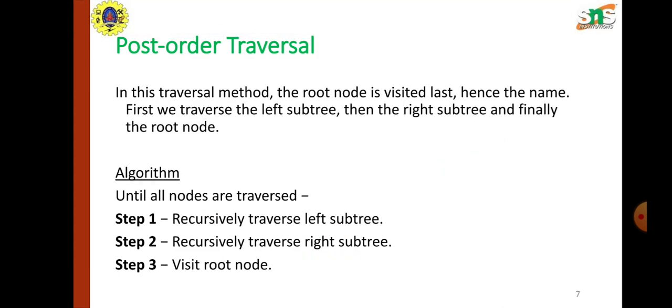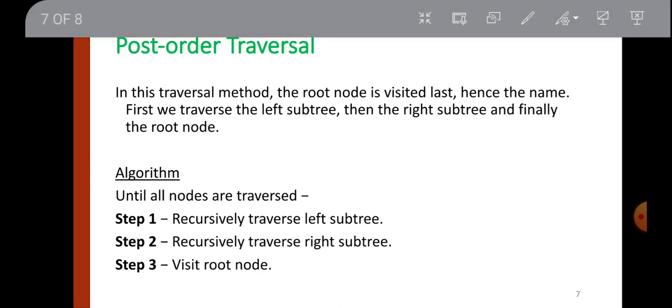Then finally we are going to see about post-order traversal. Post-order traversal is where the root node is visited at last. That is, the left subtree is traversed first, followed by the right subtree, and finally the root node. It is given in algorithm structure as left subtree first, right subtree second, followed by the root node.